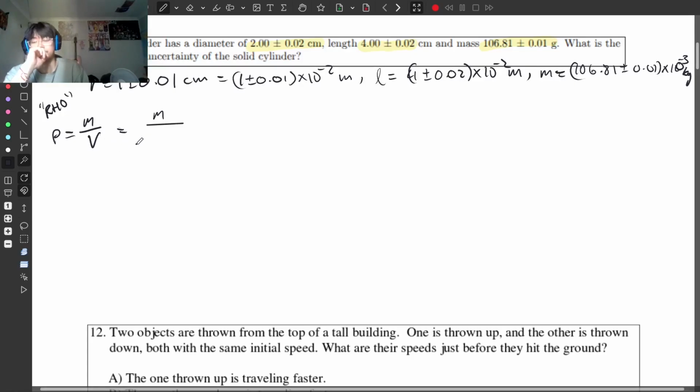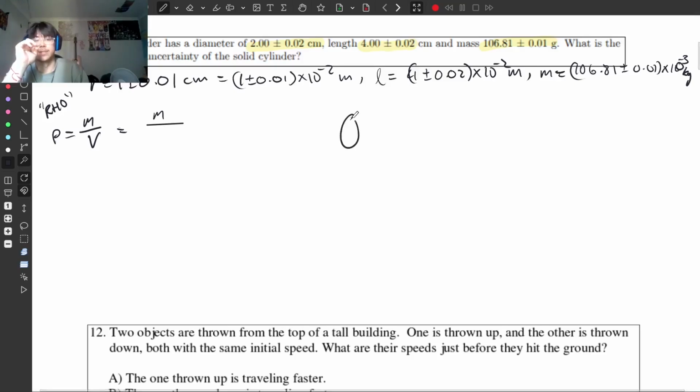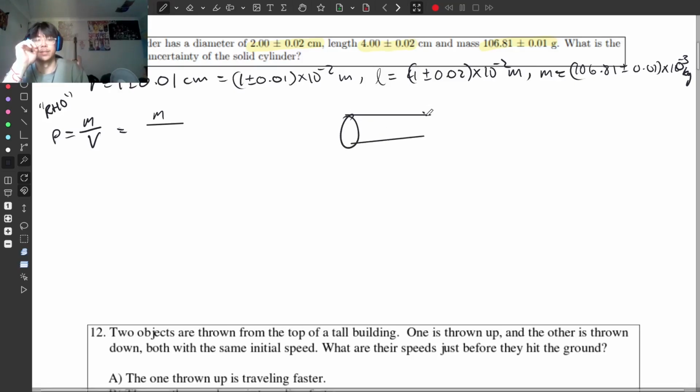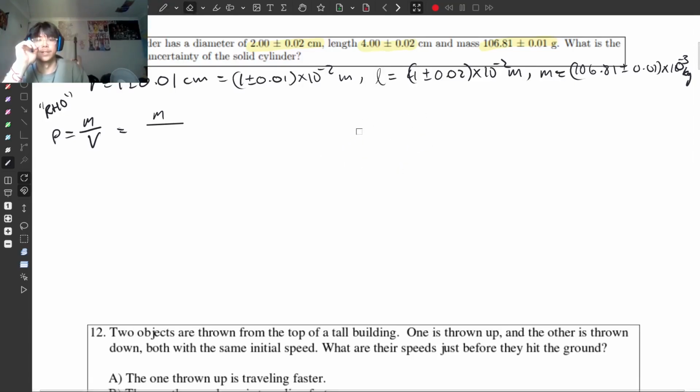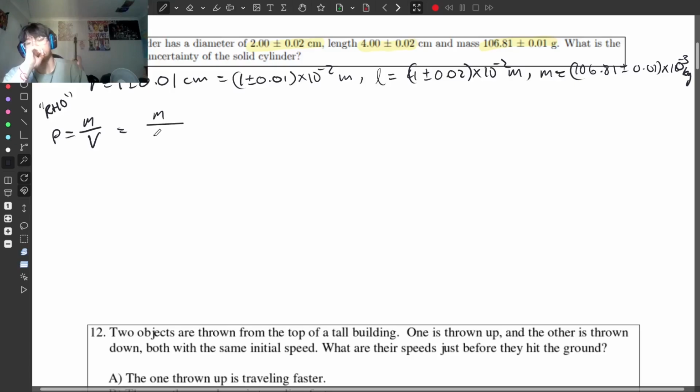The volume of the cylinder is the area of this face times the length. The area of the circle of the face is pi r squared, and then the length is L.